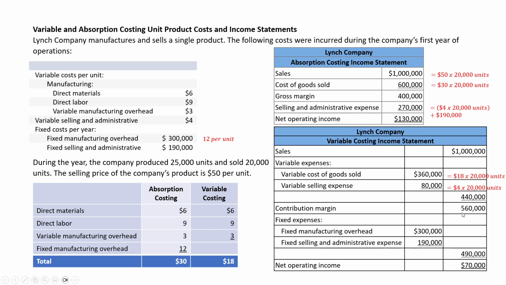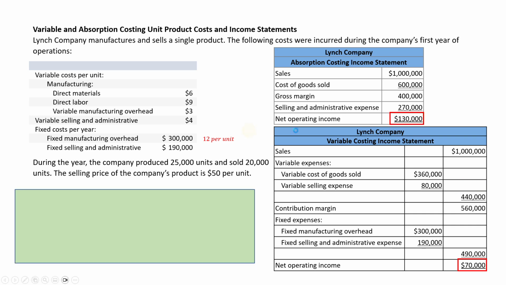Subtract that from our contribution margin of $560,000, and that gives us a different net operating income. So these aren't going to be the same. $130,000 was our absorption costing income statement, whereas our variable costing net operating income is $70,000. So we do expect it to be different because we have treated fixed manufacturing overhead differently.